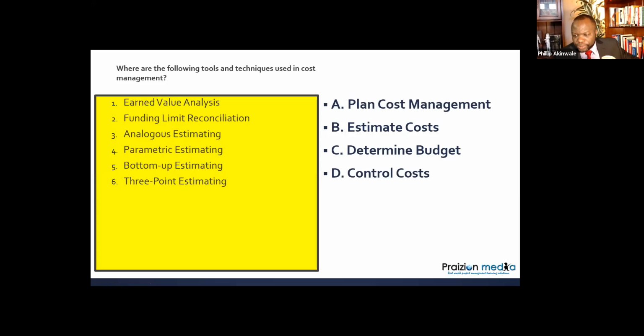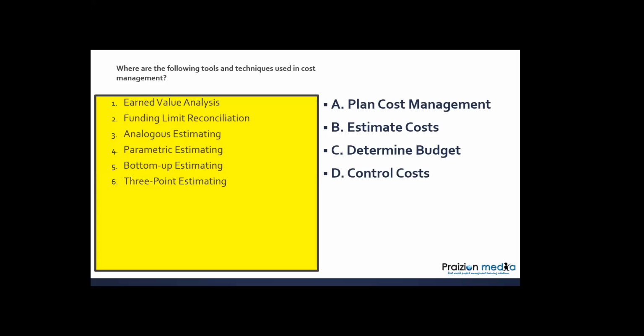Here are the results. And everyone who voted got this one right. Indeed, it is estimate cost. So here's the deal. Items 3 through 6, they are all estimate cost. Here's your next one: cost aggregation.